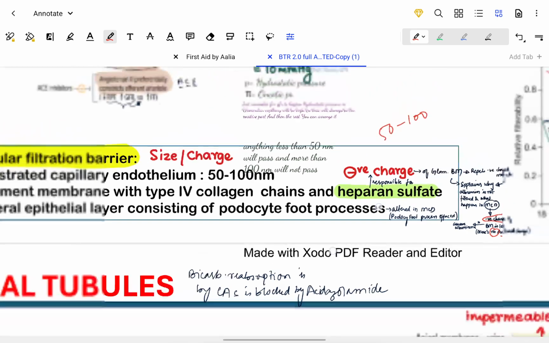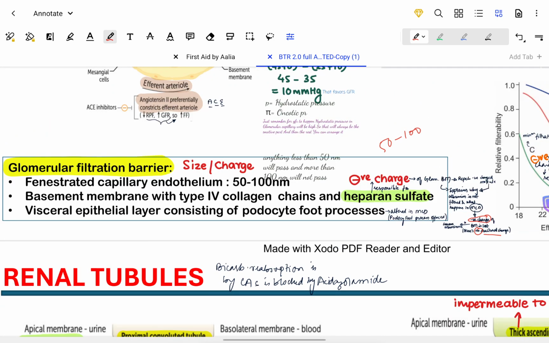The third filtration barrier of the glomerulus is the visceral epithelial layer. It consists of podocyte foot processes, and this is also altered in minimal change disease; the podocyte foot processes are effaced. I'll repeat again. Three things form the glomerular filtration barrier.